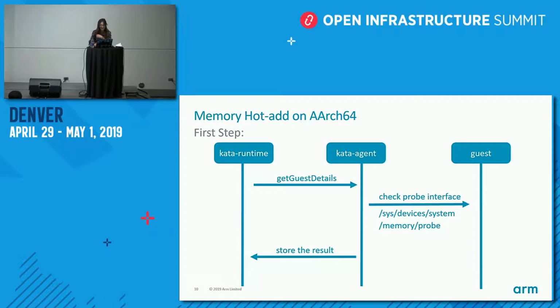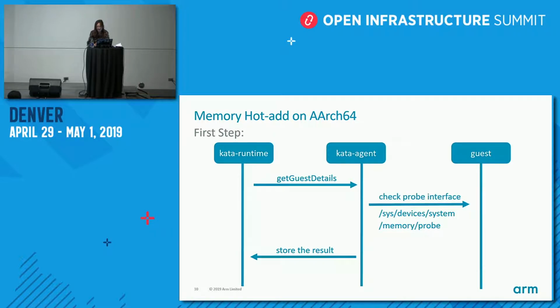About the implementation of memory hot-add on ARM64, there are two steps. The first step is the preparation work. We need to check whether your guest kernel is capable of memory hot-add via the probe interface.